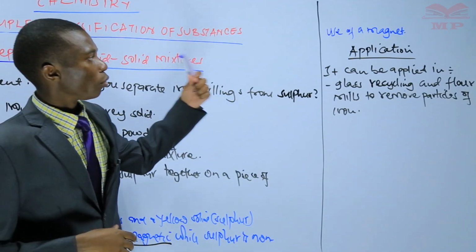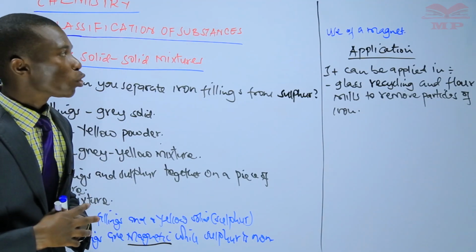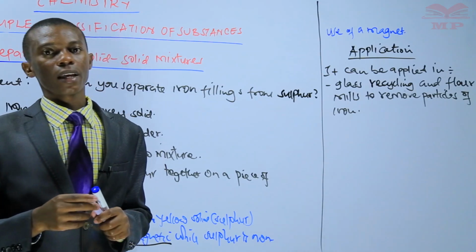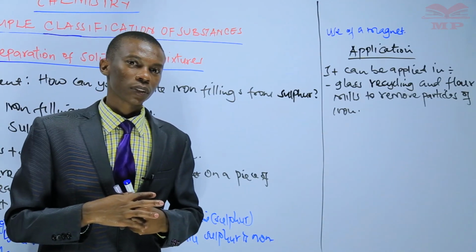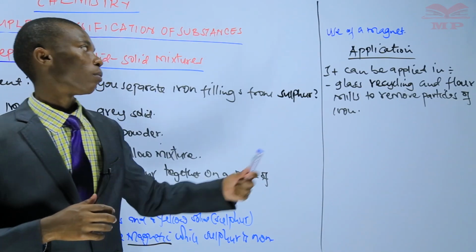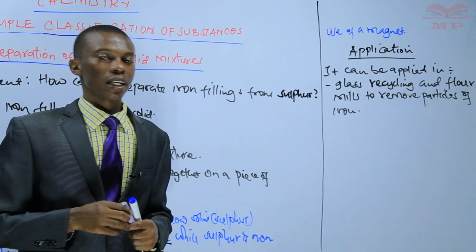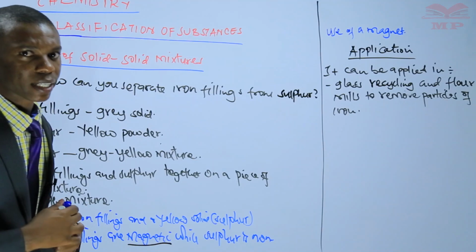And therefore, those are the two areas where you can use the magnet method to separate the two components, that is glass from iron particles, and flour from iron particles. Therefore, I hope you understand that very well.